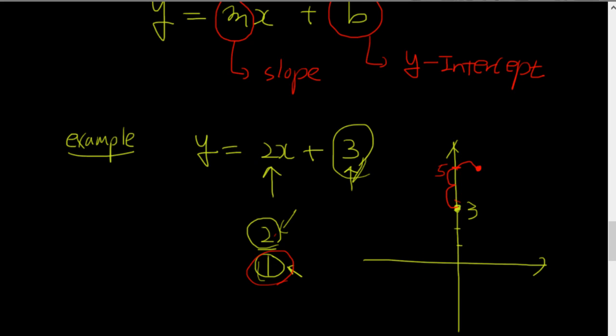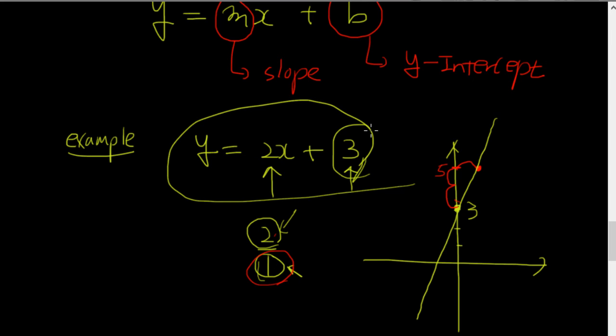We draw it. It should pass this point and this point. So the line should go like this, and that's the graph of this equation as well.